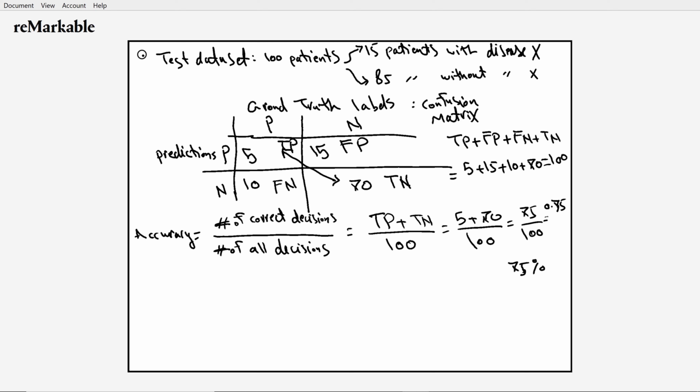The problem is even more severe in some other use cases, like fraud detection. Of thousands of transactions that happen, usually maybe one or two might be fraudulent, and every other transaction is going to be good.